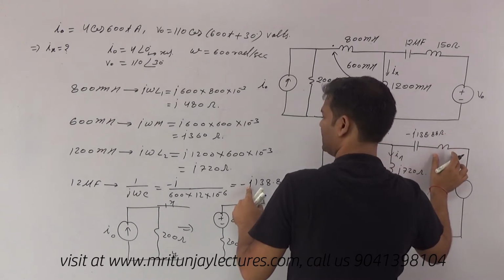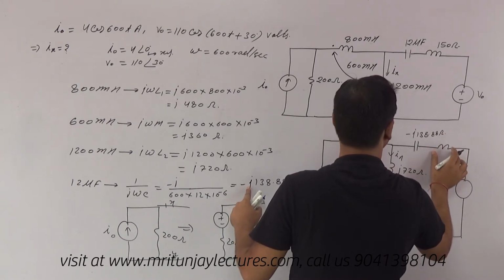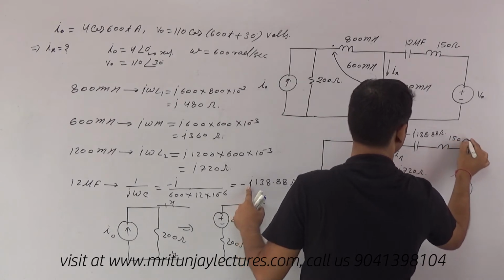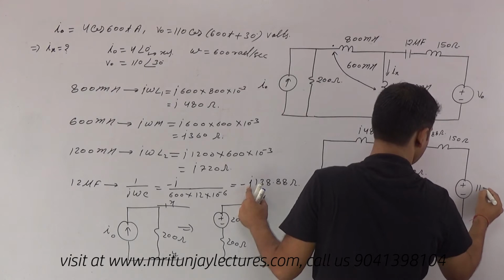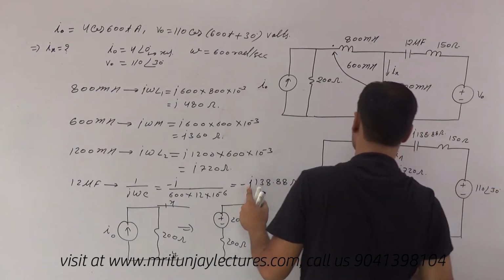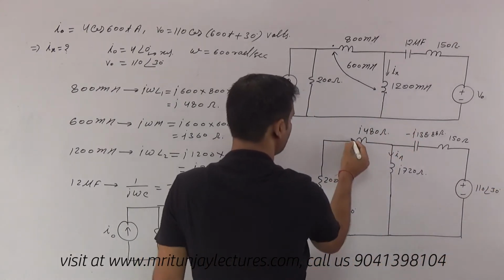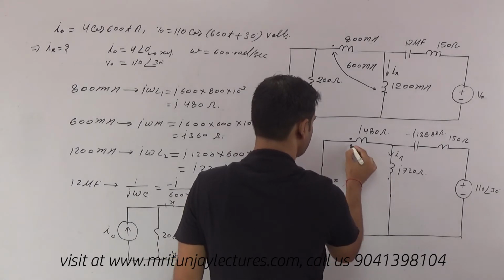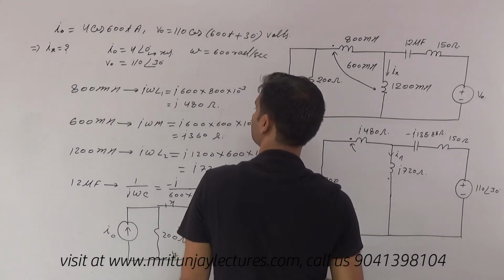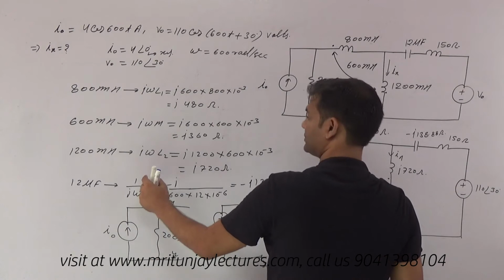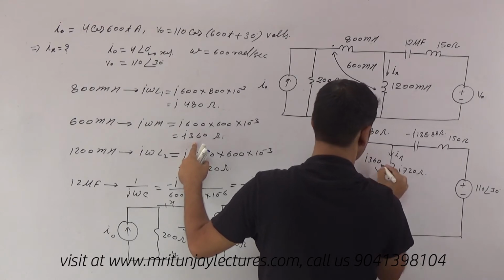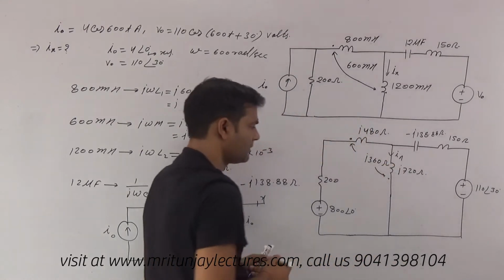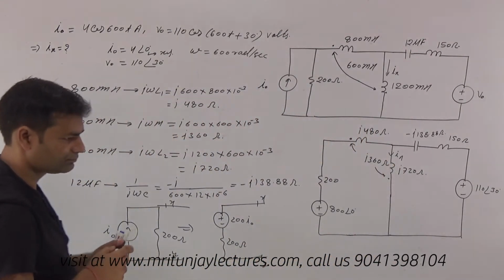Now corresponding to here, that is 150 ohm, and the voltage is 110 at the angle 30 degrees. The dot polarity is represented, corresponding to the mutual inductance, j360 ohm.